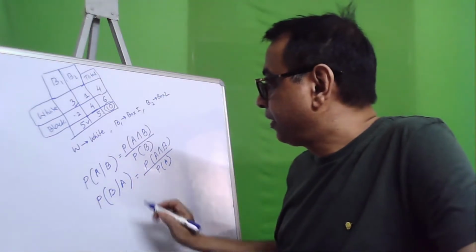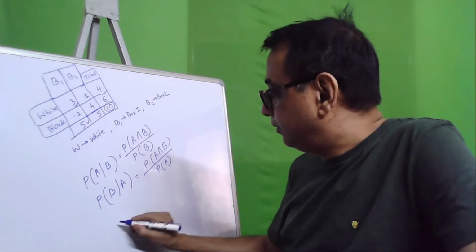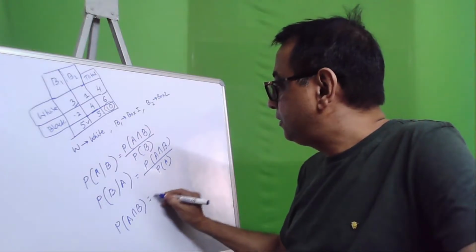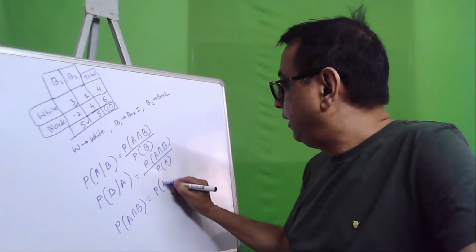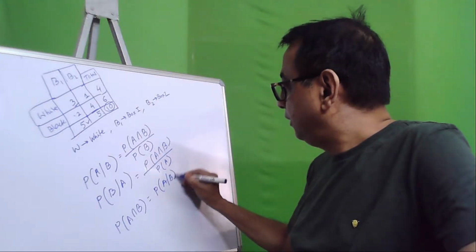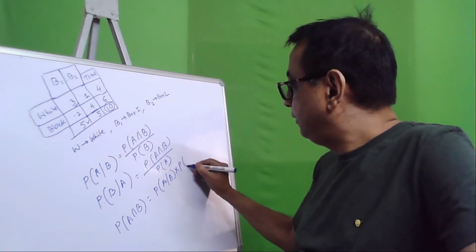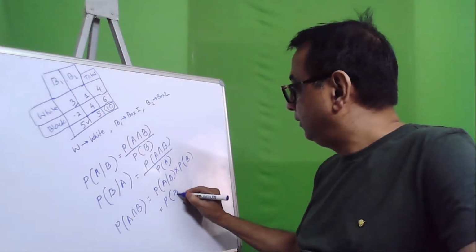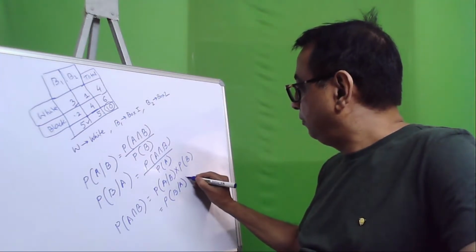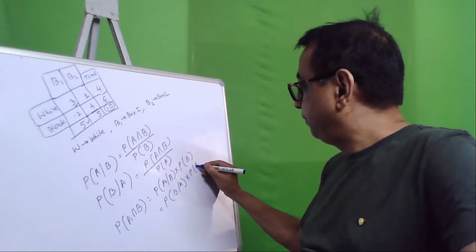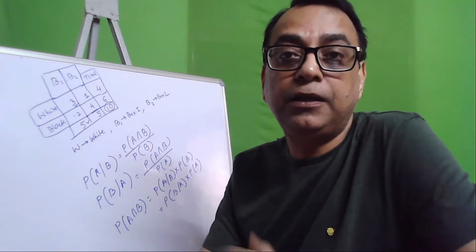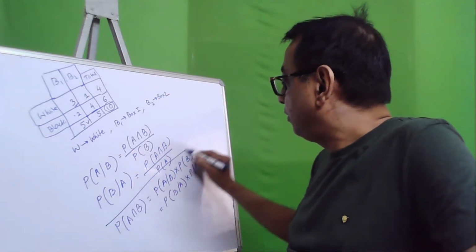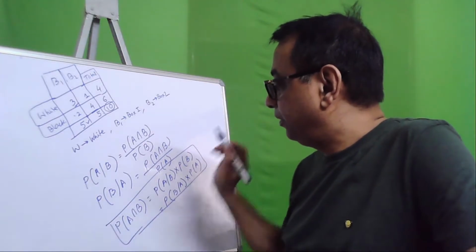Now you can see one thing: probability of A intersection B is probability of A given B into P of B, which is equal to probability of B given A into probability of A. This is called the multiplication of probability.